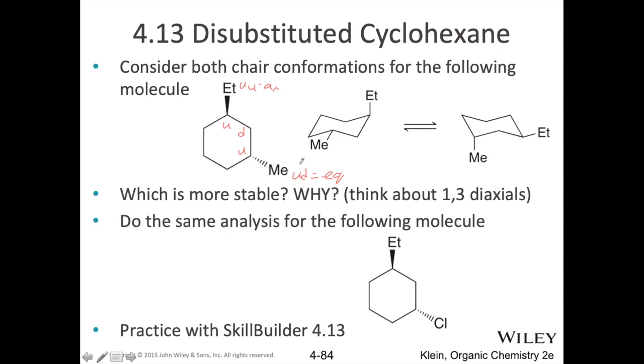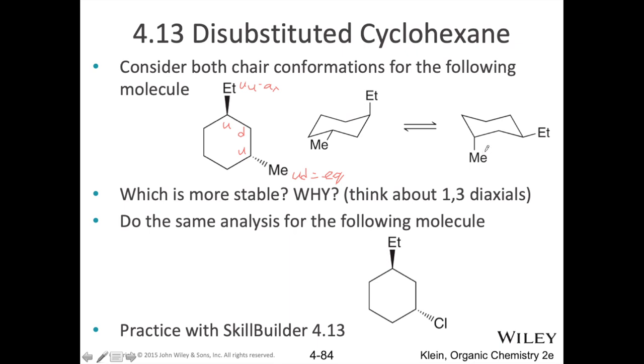Now, when you do a ring flip, this is going to be down up. This axial ethyl group will become equatorial, as we can see here, and this equatorial methyl group will become axial. All a ring flip does is flip things from being axial to equatorial and vice versa.